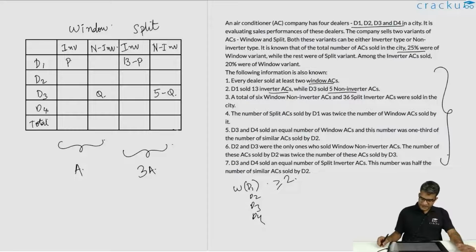Similarly, we are told that among the inverter ACs, that is if you are looking at the window variant of inverter ACs and the split variant of inverter ACs, 20% were the window variant. So if this is 20%, this will be 80%. Or again, if you are assuming that this is equal to B, the split inverter AC will be 4B.